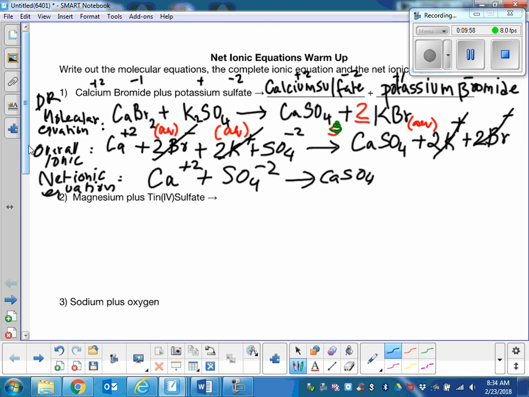Now guys, here is a little clue, tip, hint. If you have a 2Br minus, you should have a 2Br minus on the other side. If you have just one Br and a 2Br on the other side, in a double replacement reaction, you have made a mistake somewhere in writing the formula.